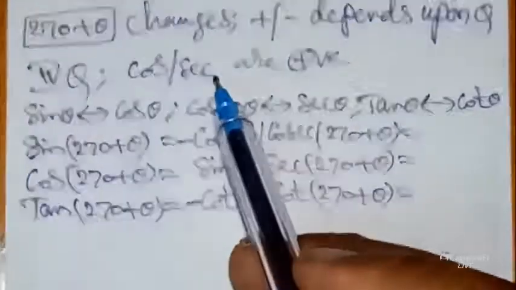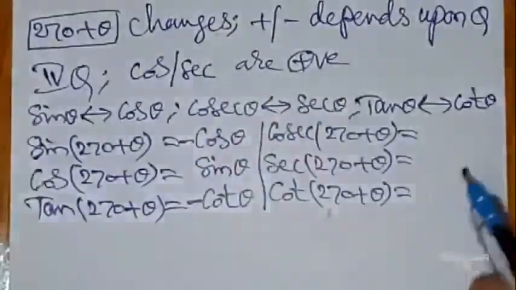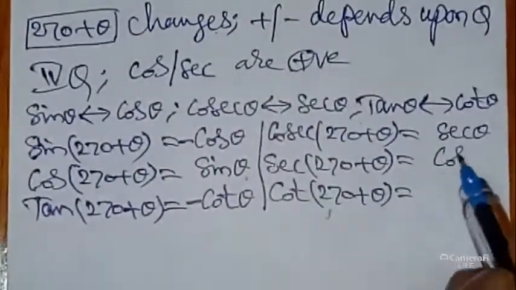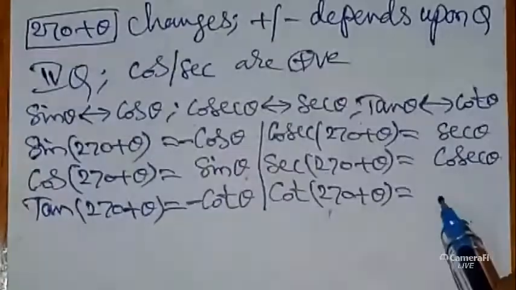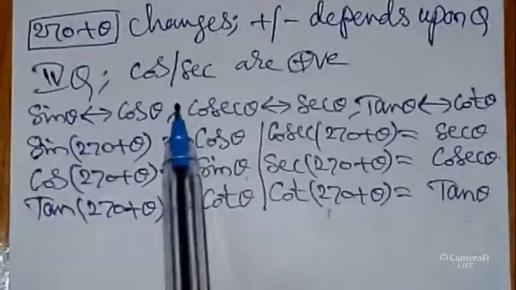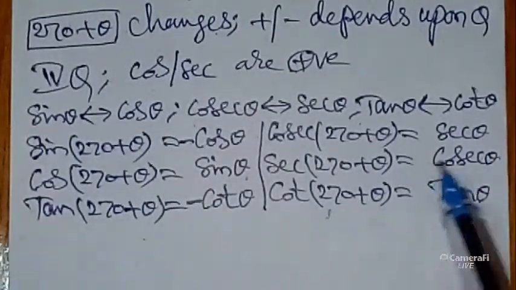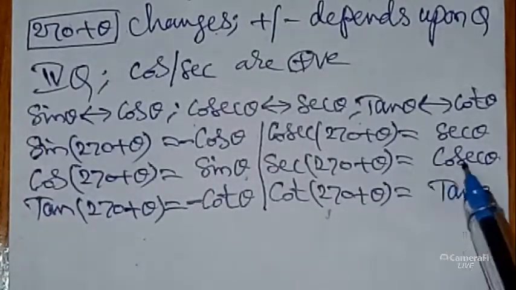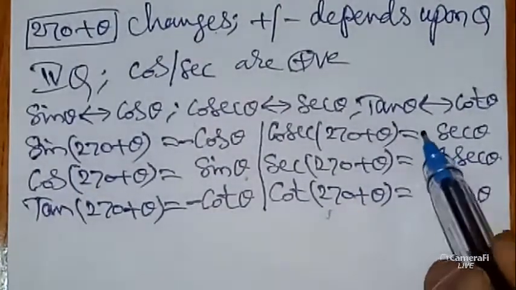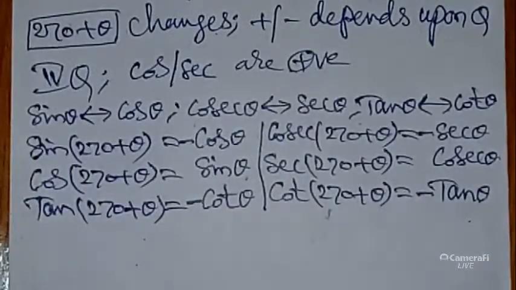Here we can see changes are applicable. What are the changes? Cosecant is changing to secant, secant is changing to cosecant, cot is changing to tan, and in the fourth quadrant cos and secant are positive. So secant value is positive, no need to write a negative symbol. What about cosecant? It is negative. What about cot? It is negative.